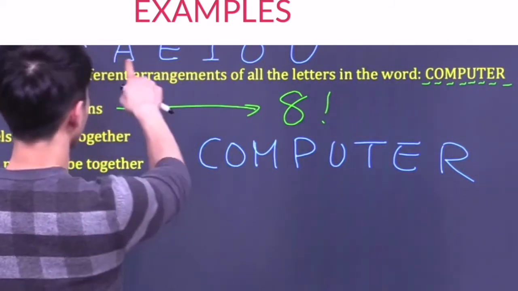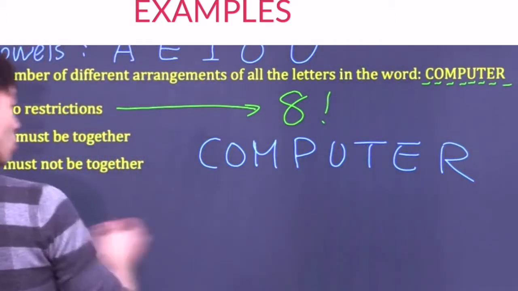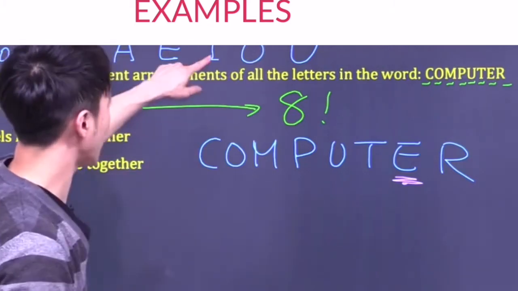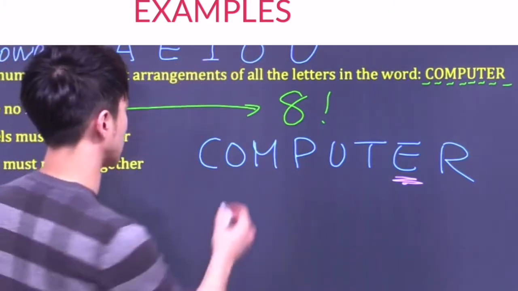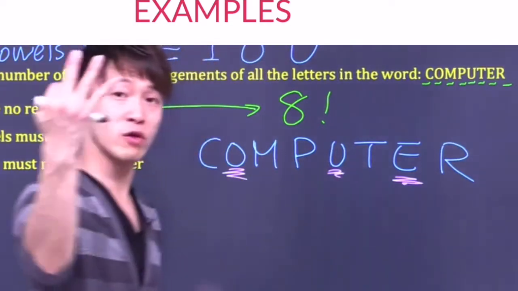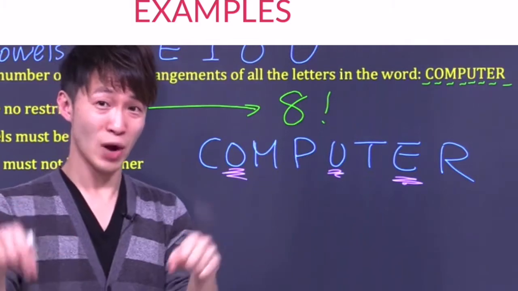Do we have A? We don't have A. Do we have E? Yes, right here, we have E. So that's a vowel. Do we have I? No. Do we have O? Yes. Do we have U? Yes. Also, we have 3 vowels. And they must be together, right next to each other.